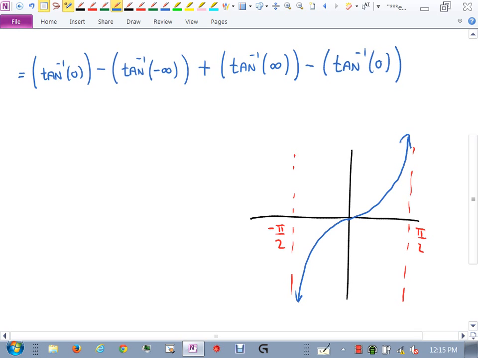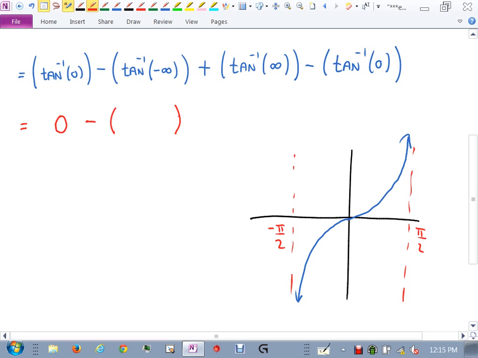what angle, or on this axis, on your x-axis, what do you plug in to get 0? 0, right? Plug in 0, you get 0. So I know that this here is 0 minus. Now, what do I plug in here to get negative infinity?